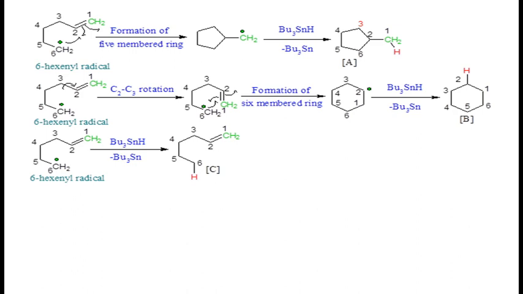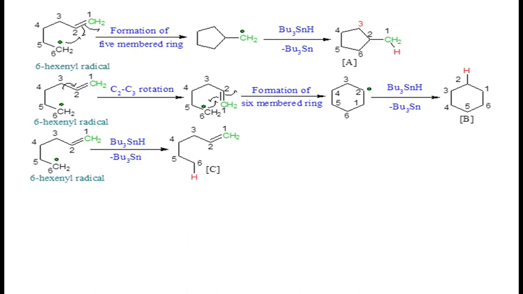Next step is abstraction of hydrogen from tri-n-butyltin hydride. And the last way, this CH2 radical abstracts hydrogen from tri-n-butyltin hydride.